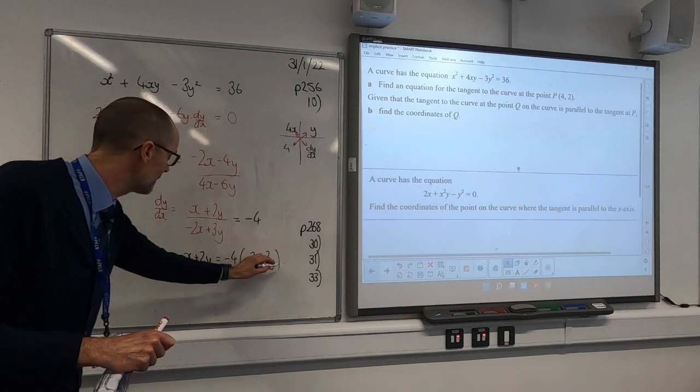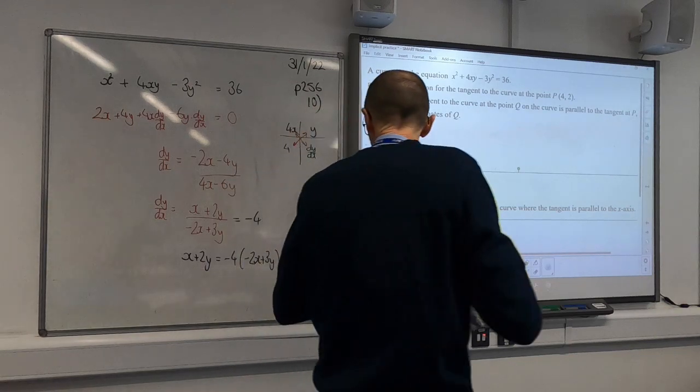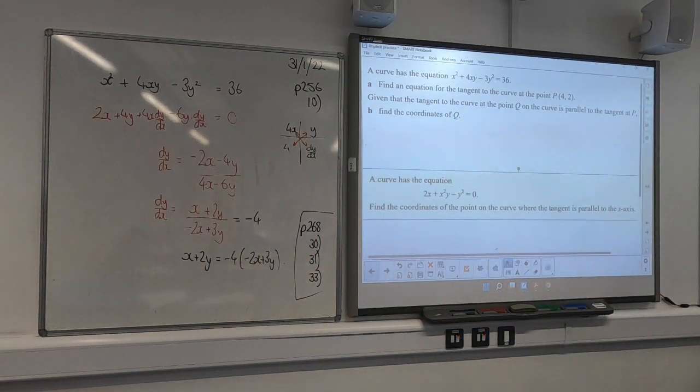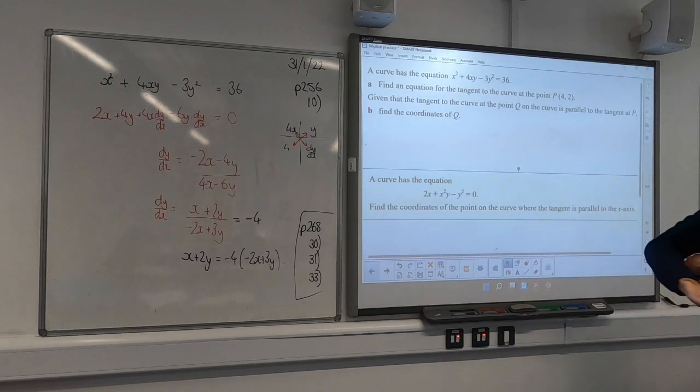Can I get you to simplify that such that you just get an equation that says either x is something to do with y or y is something to do with x? So we're not going to get the x value, we're not going to get the y value. All we can get is a relationship between y and x.